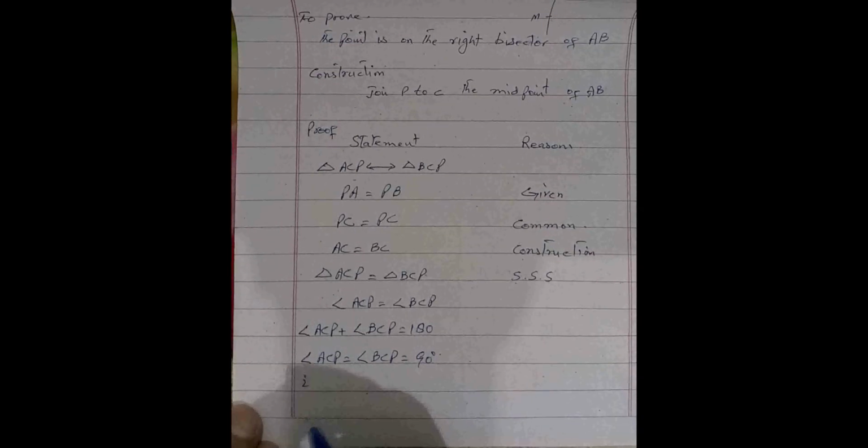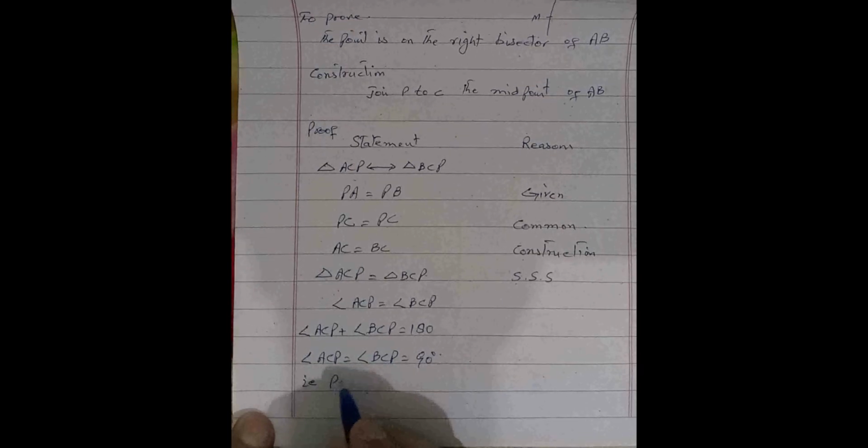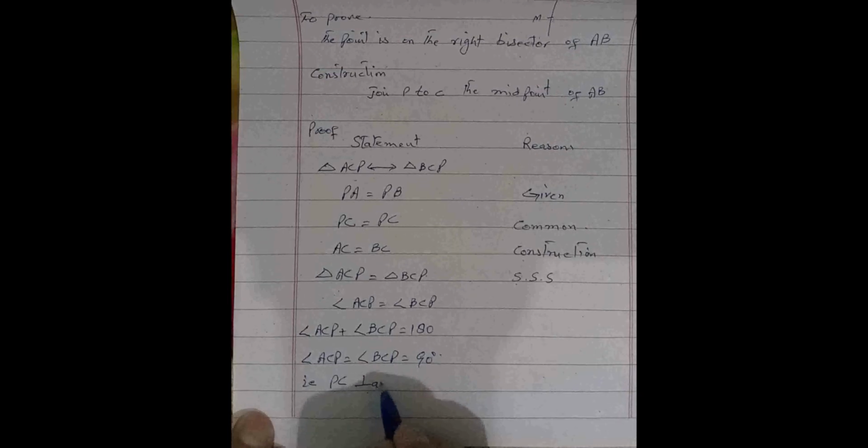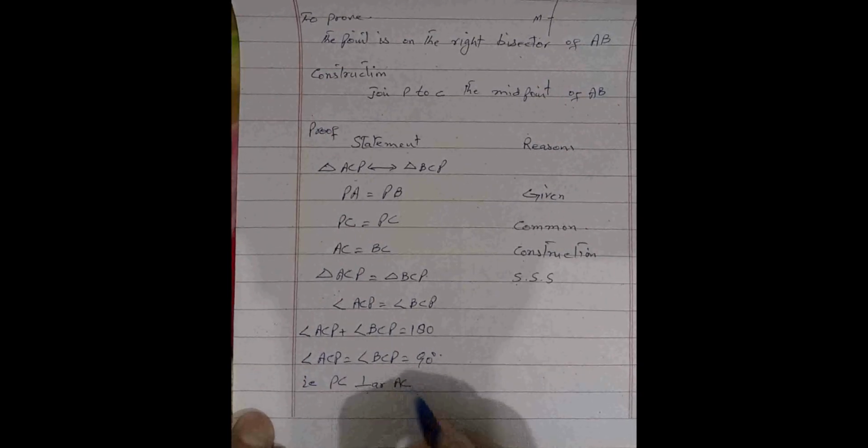Therefore, when two lines have the angle 90, they bisect each other. Bisect means they divide the line equally. Therefore, PC is perpendicular to AB.